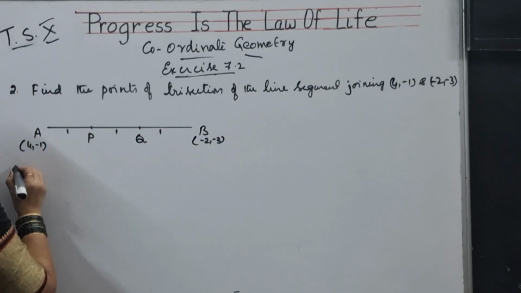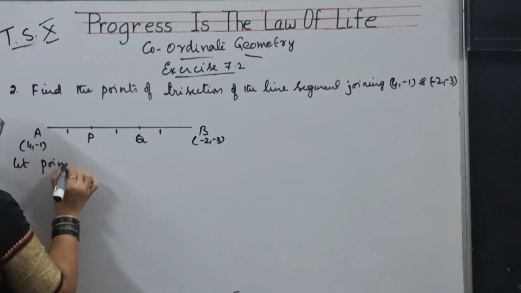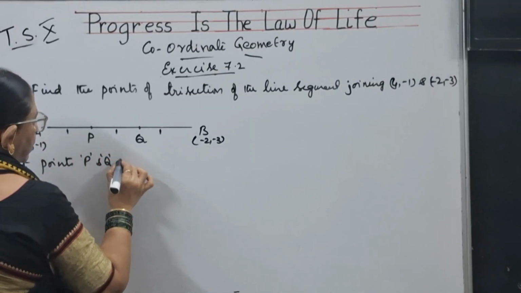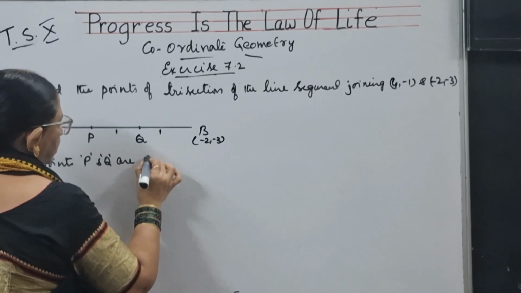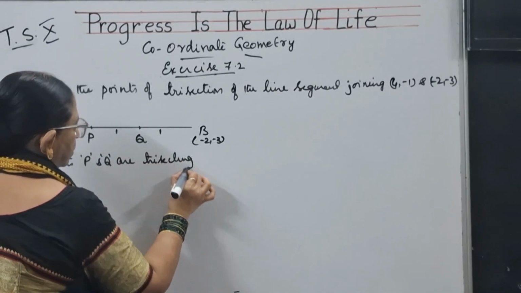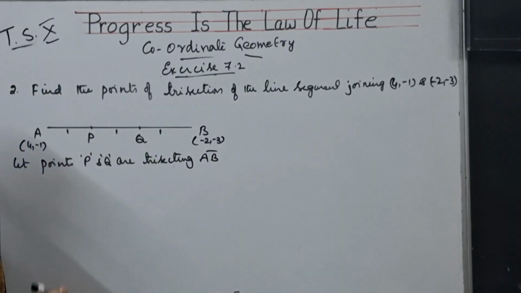So let us write, let points P and Q be trisecting AB line segment. So this means what?